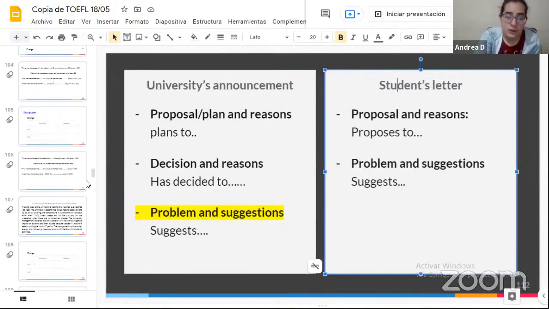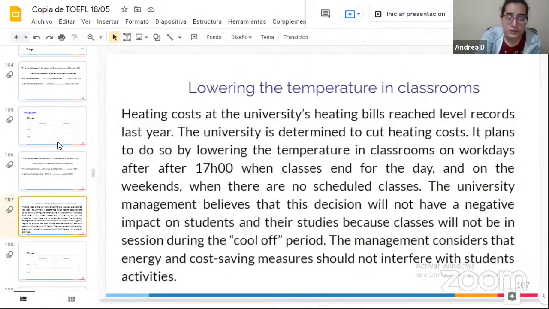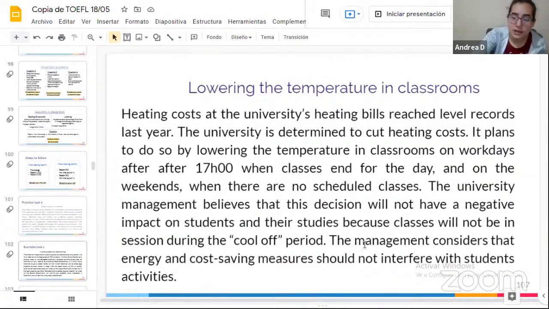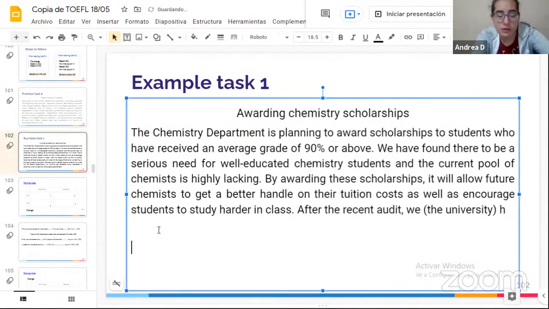In the case that you have a student letter, sometimes it's very obvious, honestly, because at the end of the text you have something like "yours" or "sincerely" and a name, like Annette, right? At the end of the text.